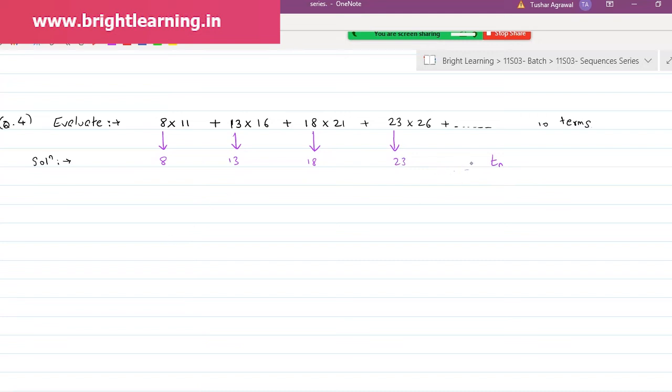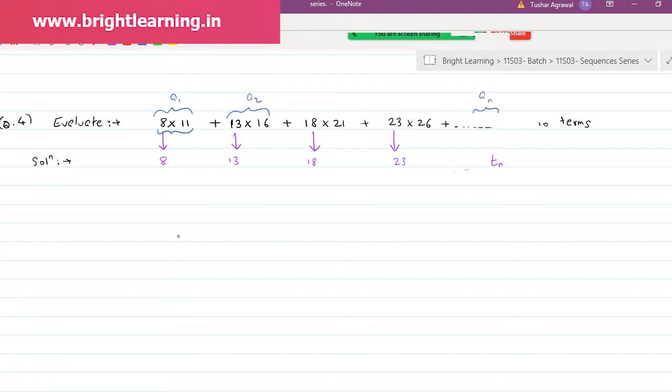And the nth term of the original multiplication sequence I'm representing by A1, A2, and so on, An.